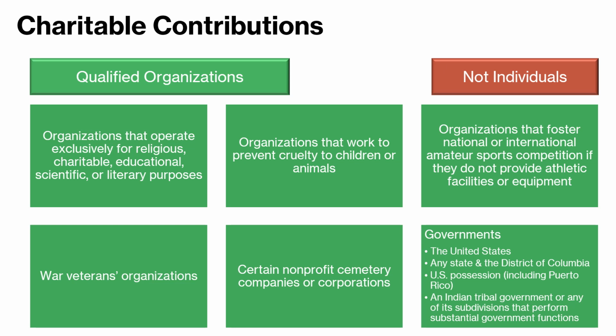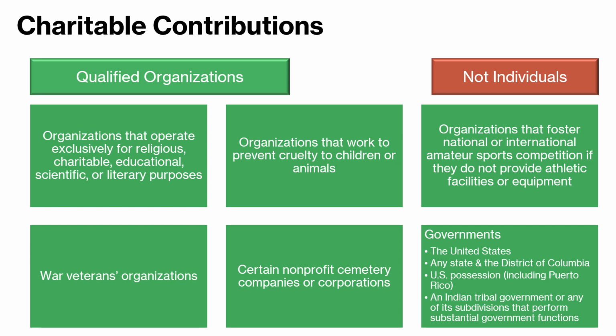So taxpayers can only deduct charitable contributions given to qualified organizations, not individuals. So a qualified organization might be an organization that operates exclusively for religious purposes, charitable or educational, scientific or literary purposes.